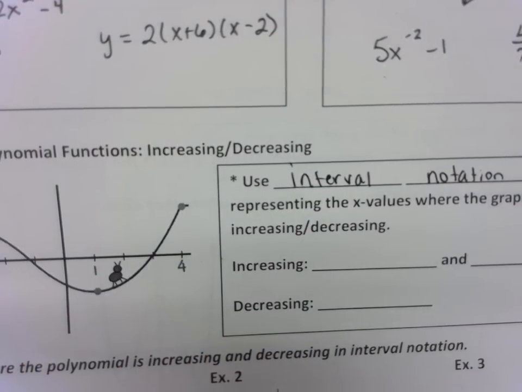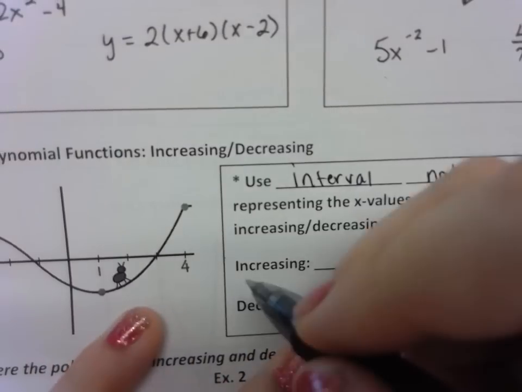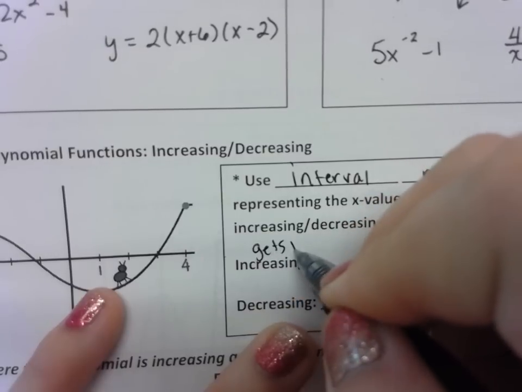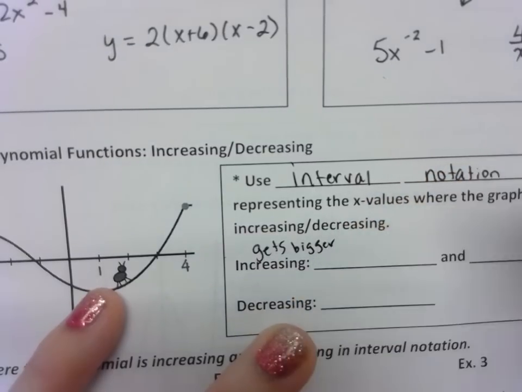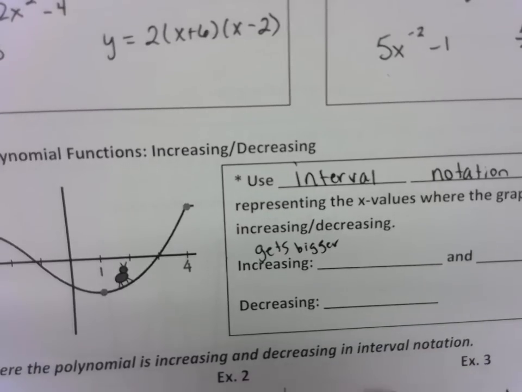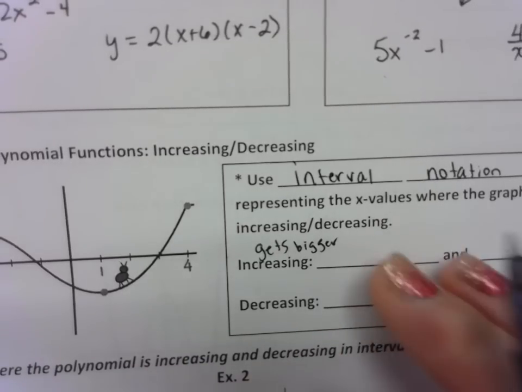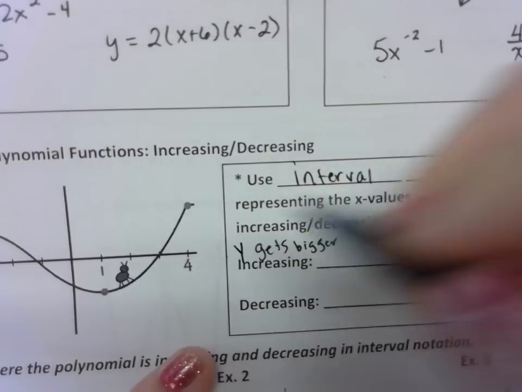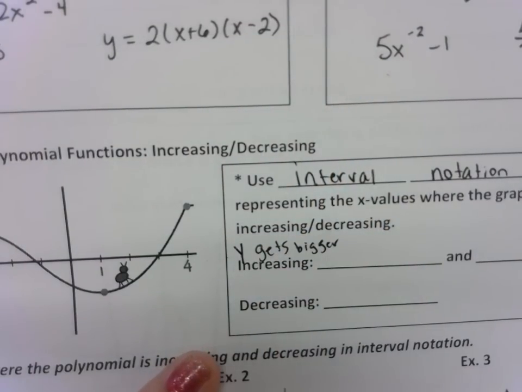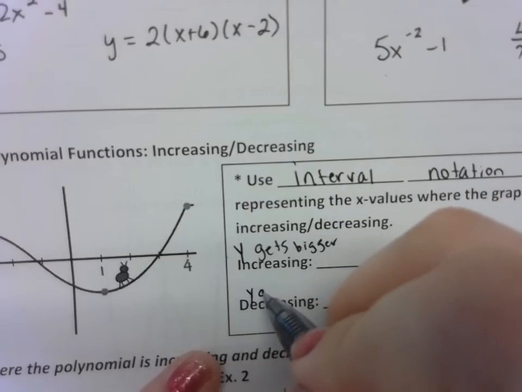Stop and think really quickly what it means to be increasing. I think most of you would say gets bigger, right? But what gets bigger? We have two different variables, x and y. We are concerned where y is getting bigger, okay? And same thing down here where y gets smaller.